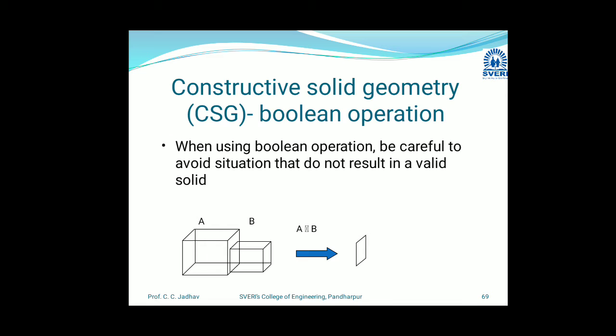One note is that the objects we operate on with a boolean operation must have some common area, and only then can we create the boolean operation. Otherwise there is no chance to create any boolean operation. We have to keep that in mind and then go forward.